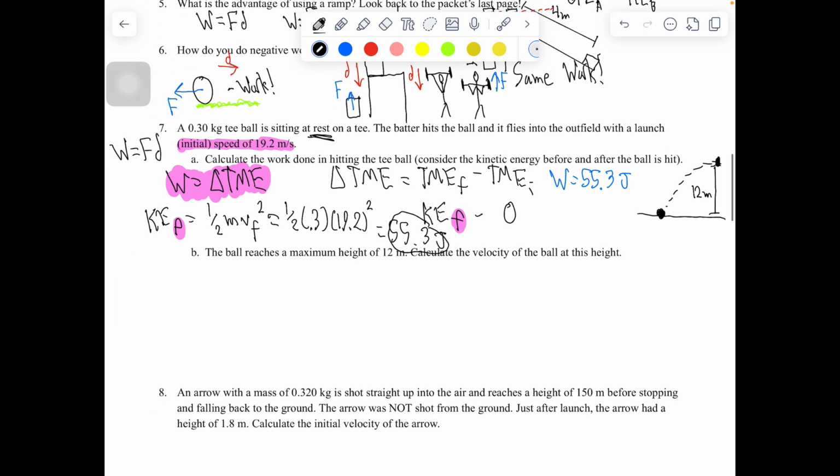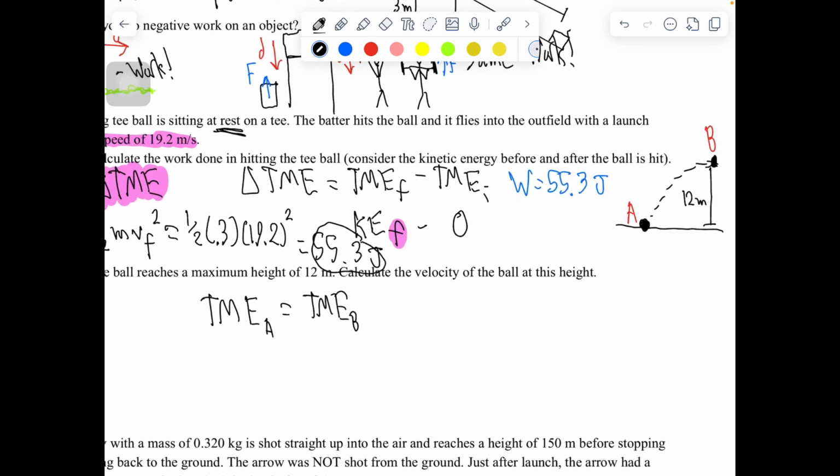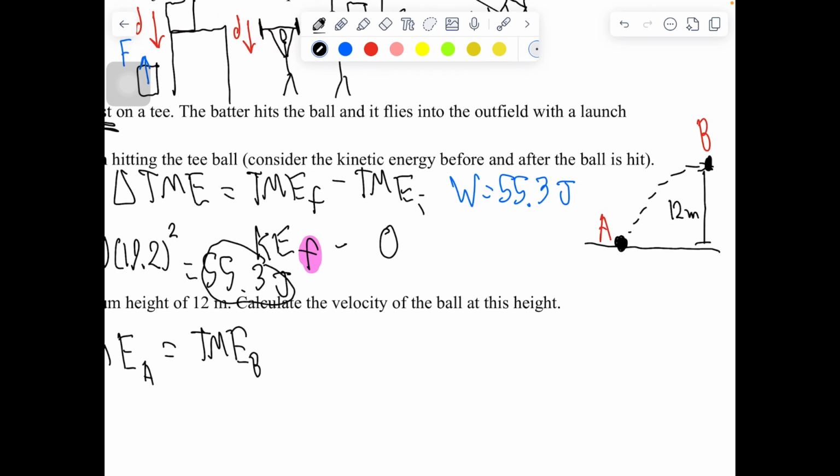Calculate the velocity of the ball at this height. We're going to use our conservation of energy. There's no more work being done, so the energy must be conserved in the system. Situation A is right after it's hit. Situation B is at the peak in the height. So we can identify our types of energy. It is on the ground in situation A, but it's moving, so it has kinetic energy.